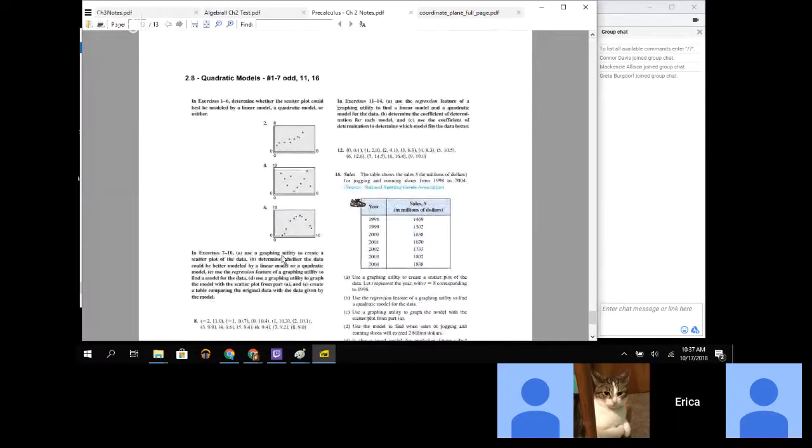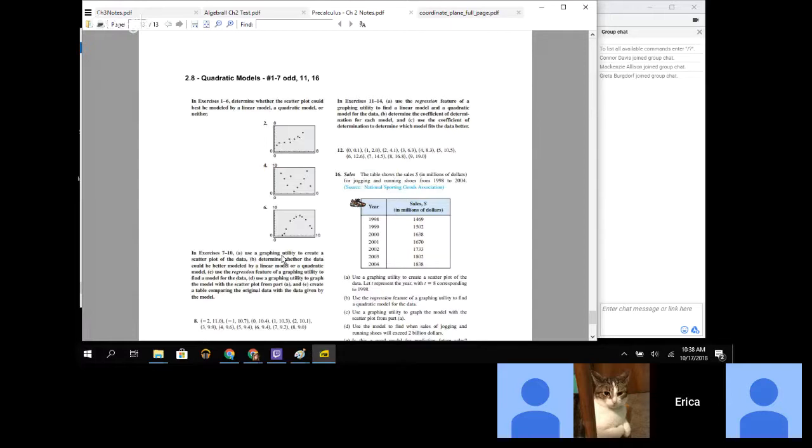It's 1 through 7 odd and 11 and 16. 1 through 6 are when you match the graph with the type of model. So basically you have 7, 11, and 16 to do that are like this kind of heavy duty kind of problem.